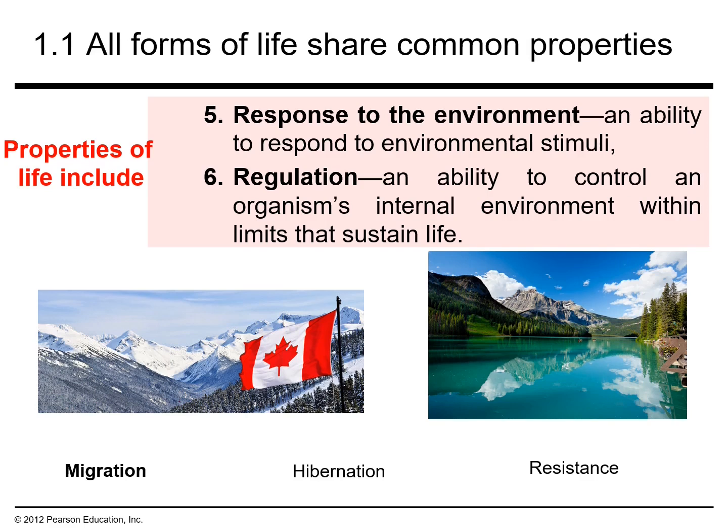Now, properties number 5 and number 6 are very important in Canada. Number 5 is the response to the environment, the ability to respond to environmental stimuli. During winter, I know that you know this better than me, you have to adapt.